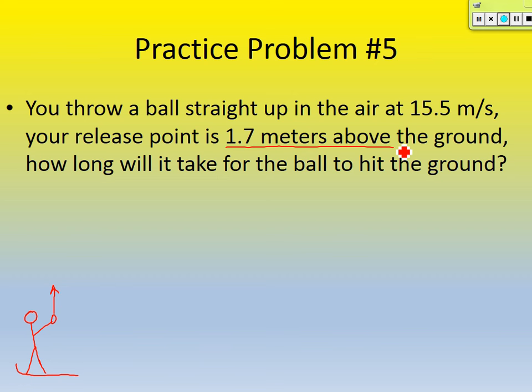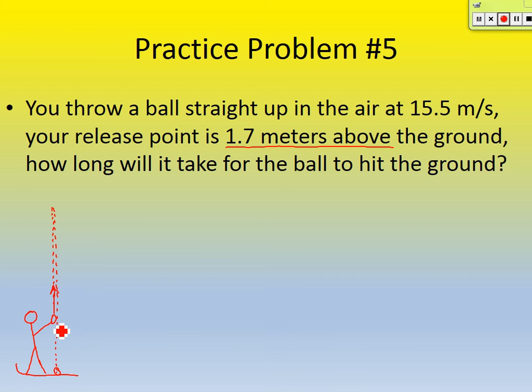That's going to be where this problem gets a little complicated. So let's draw the path of the ball. It's going to go up, and then it's going to come straight back down, but it's going to end up 1.7 meters below where you released it. So we're going to get to that. That's where we're going to have to define a few variables in just a second.